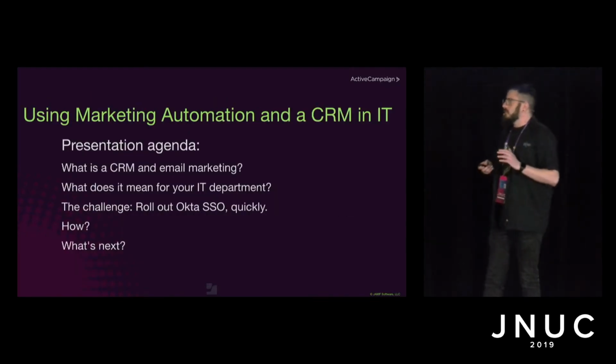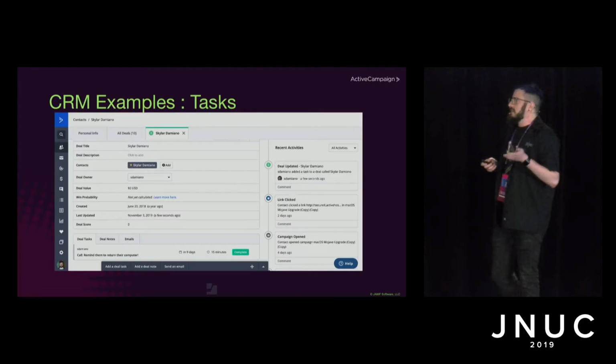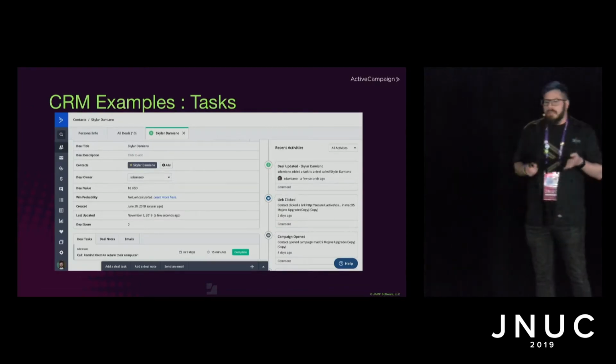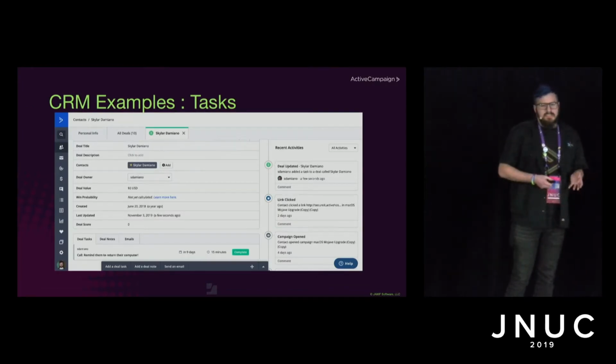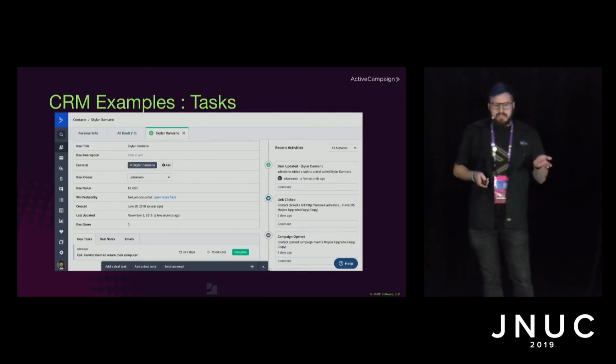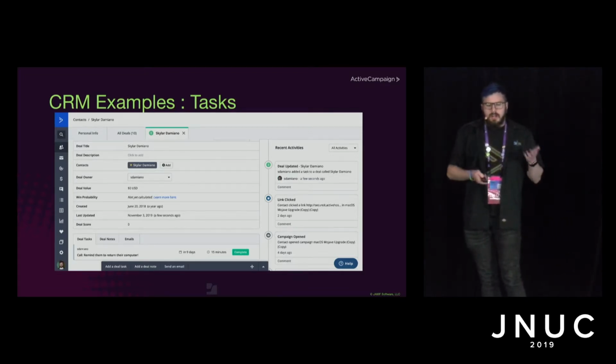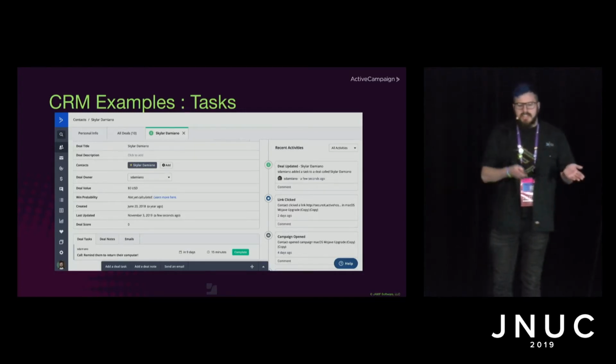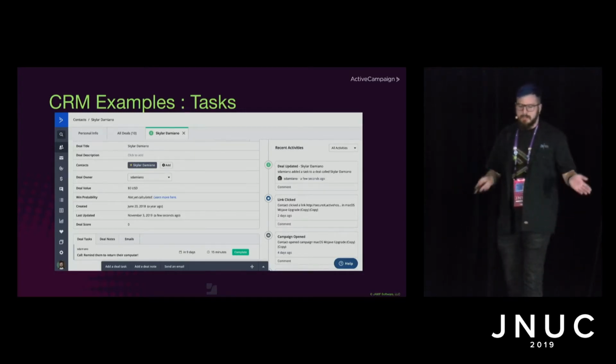For those of you who aren't sure what a CRM is, here's a brief example of what ours looks like. This is what a task might look like, where I have something that says, call me because I've been laid off, I need to return the computer to the company, as the example that I have here.